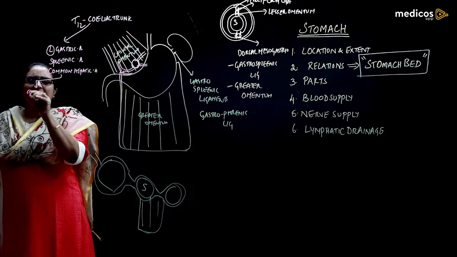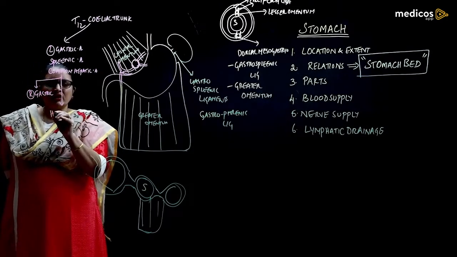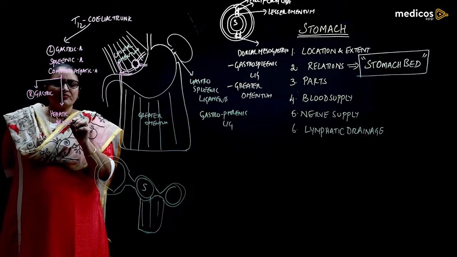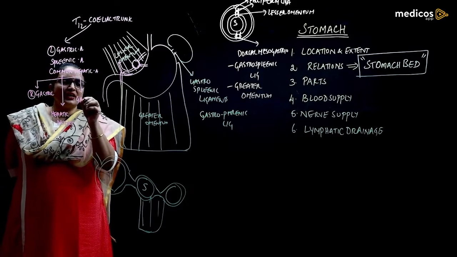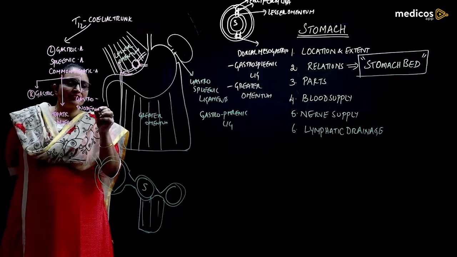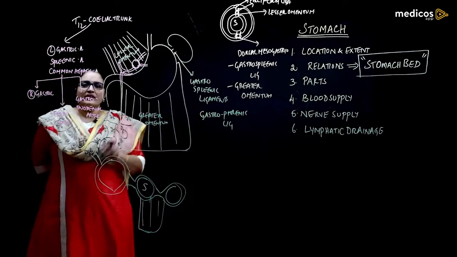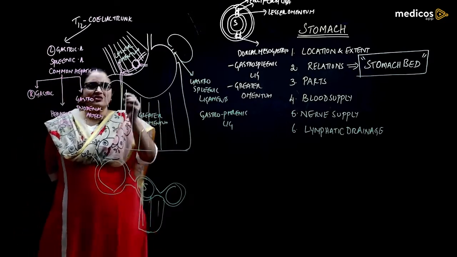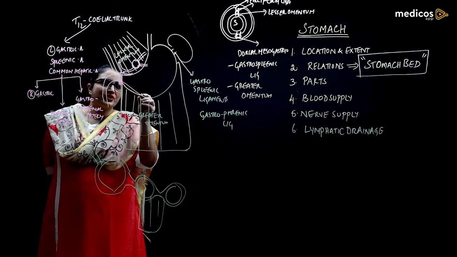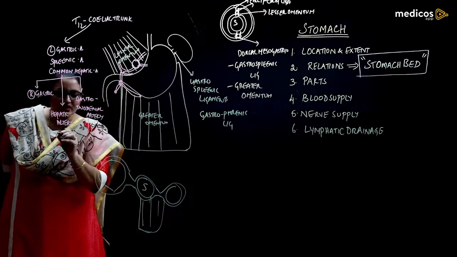The right gastric artery, then the hepatic artery itself, then the gastroduodenal artery. This gastroduodenal artery again divides into two branches. What are these two branches?